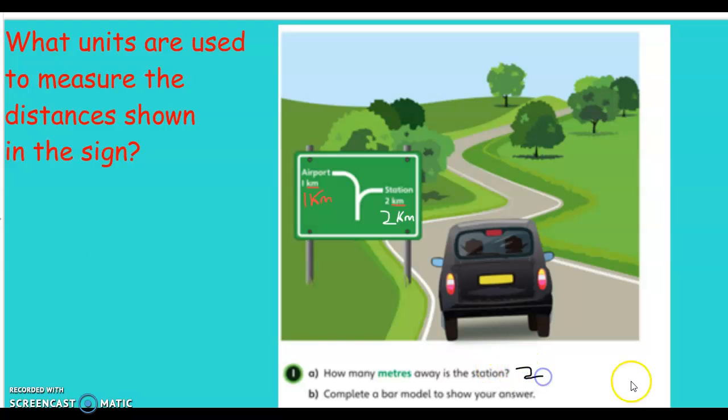If I just write 2, then that would be wrong, because I haven't put my units, and I also haven't converted the units. So remember that we said that 1 kilometer is the same as 1,000 meters, and we've got 2 of them.